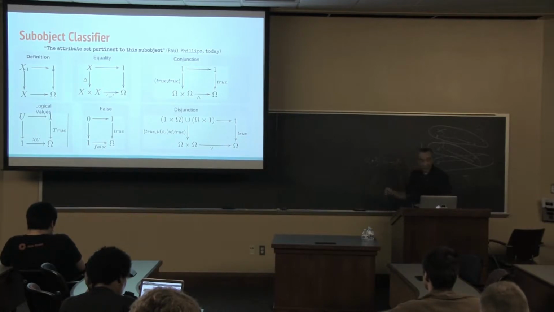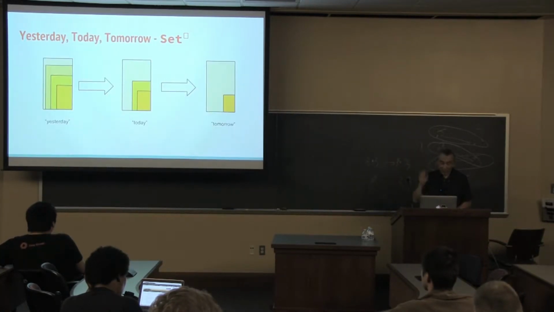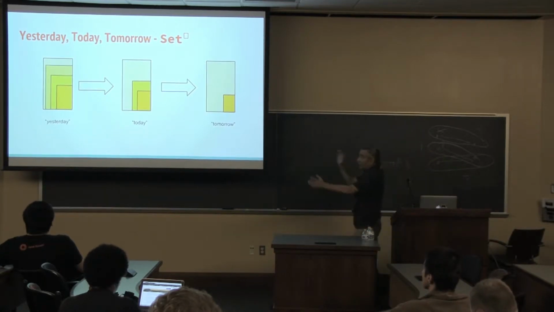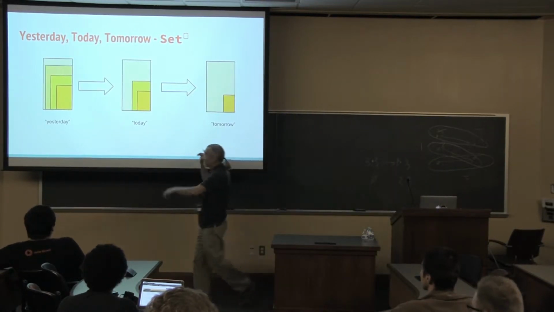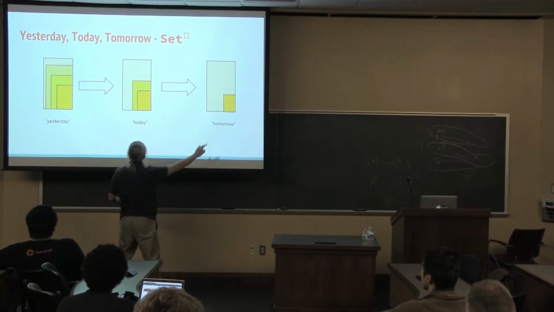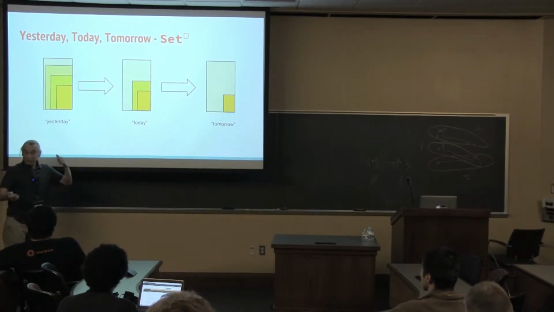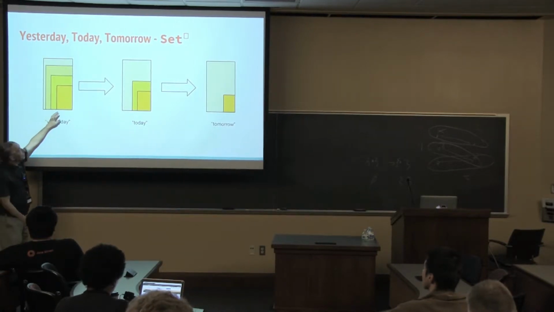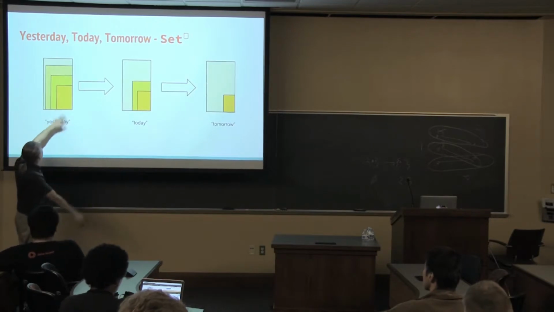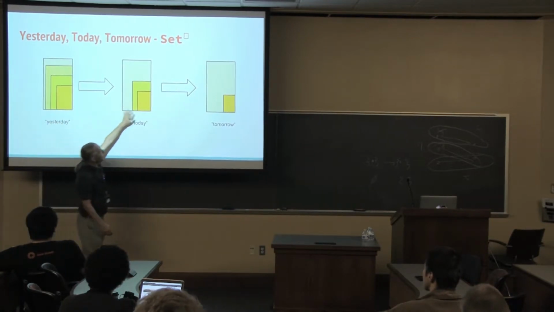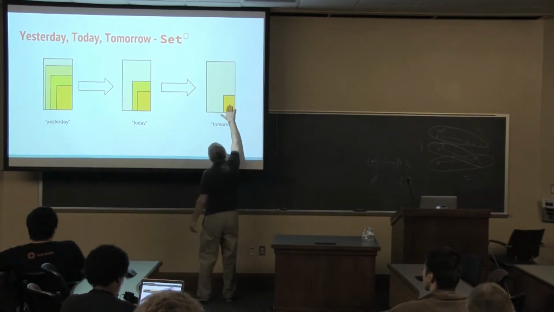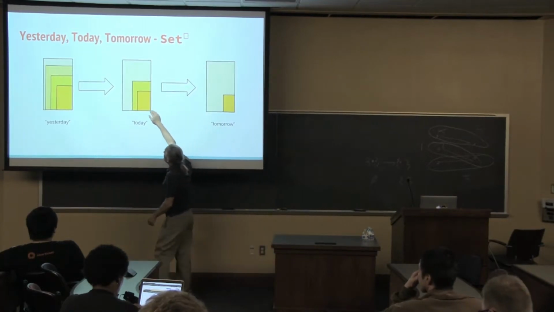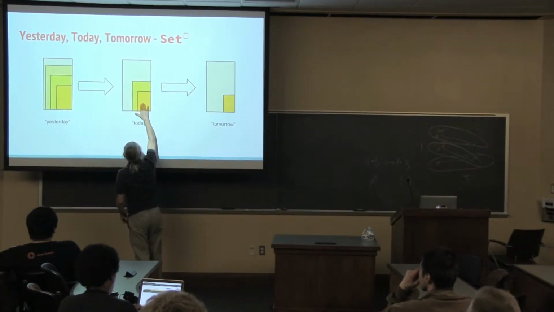I didn't define negation, and there's a reason for that. It's more sophisticated. Suppose we have three points of time: yesterday, today, and tomorrow. Similar to the previous case, it's more schematic. This is the big set. These are good guys, already good today.